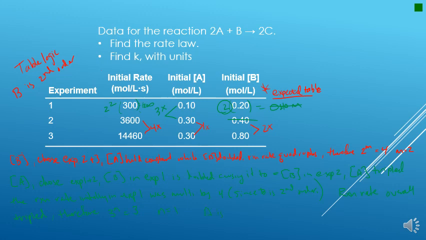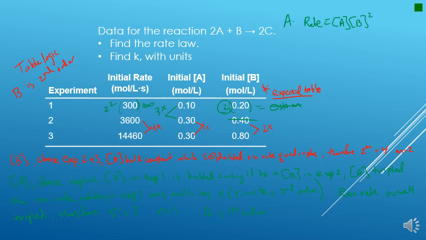So A is first order. So this is a complicated problem to do. So my answer overall for part A, I'd have my rate equals the concentration of A times the concentration of B squared.